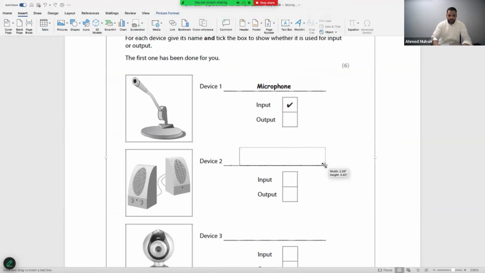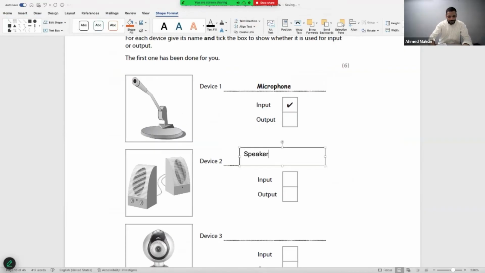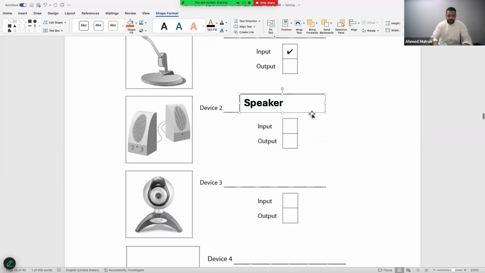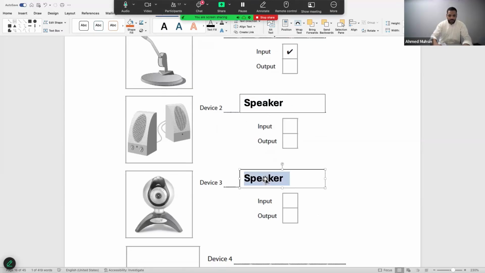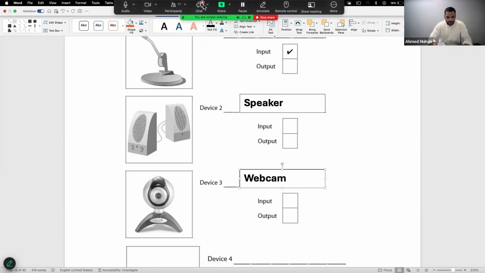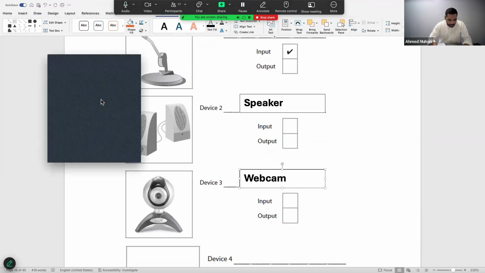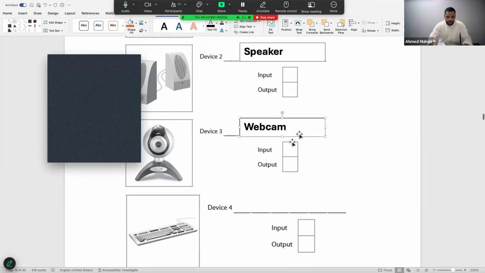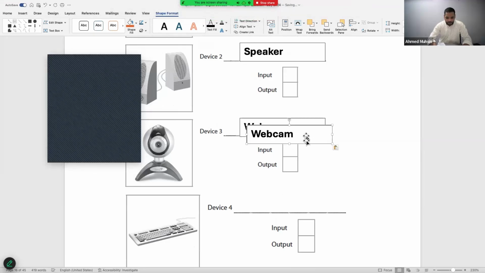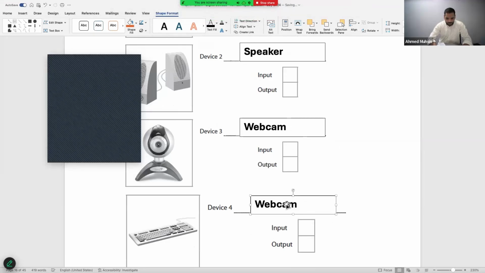The next one, what do you think, guys? Webcam. Okay, can we note down webcam, please? So this becomes a webcam. Guys online, your answers are correct. Guys online, good job. Okay, and device number 4 will be a keyboard. Everybody okay with this?